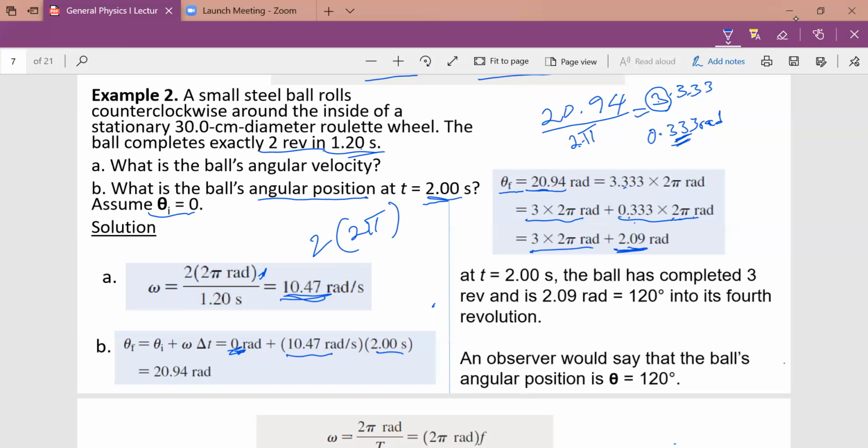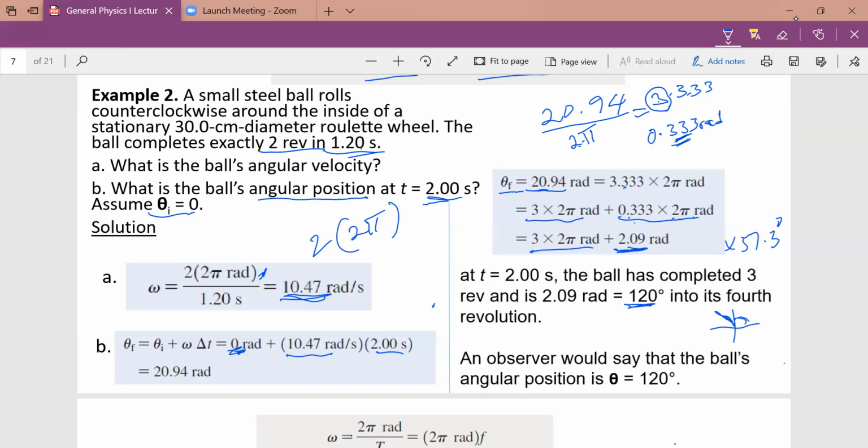We just multiply by 57.3 degrees. So we'll have about 120 degrees. If we make this quadrant, this is 90. So 120 degrees will be about this side.